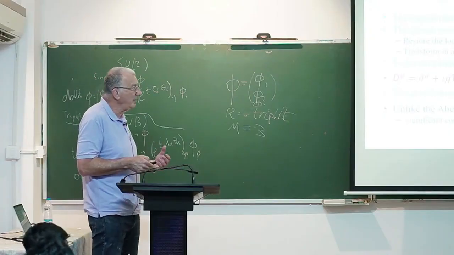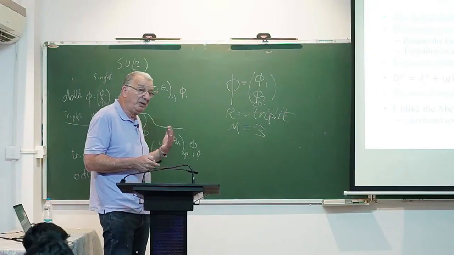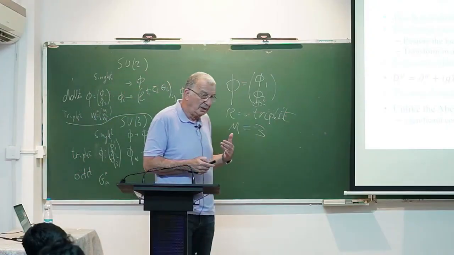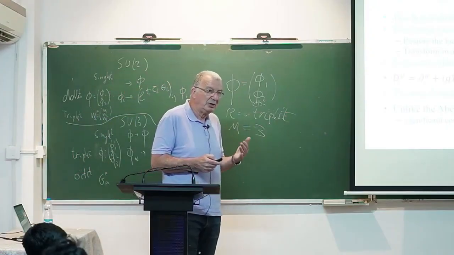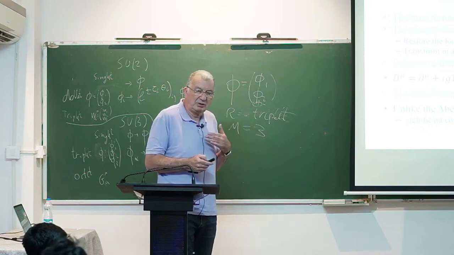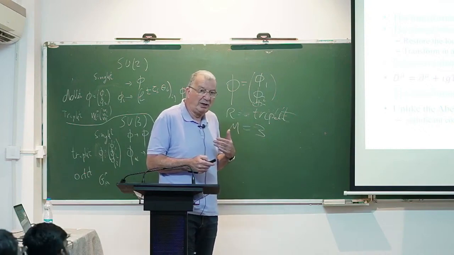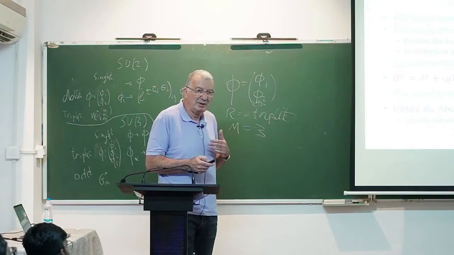And second, the thing that we have to add must not only transform in a well-defined way under space-time, so that it is a vector, it must also transform in a well-defined way under the group that we imposed.